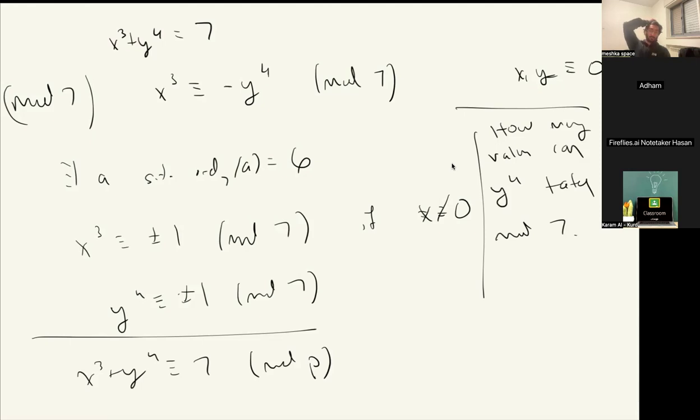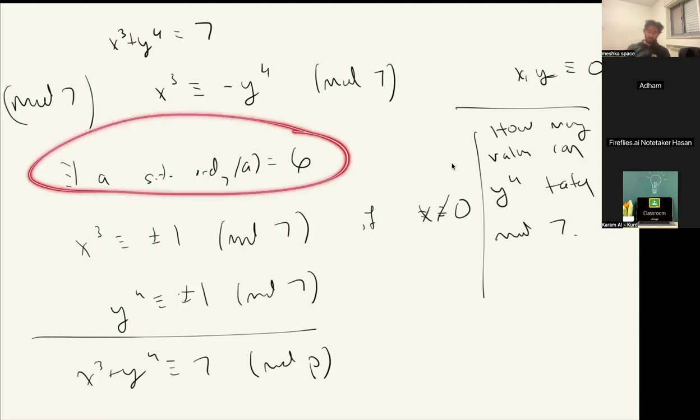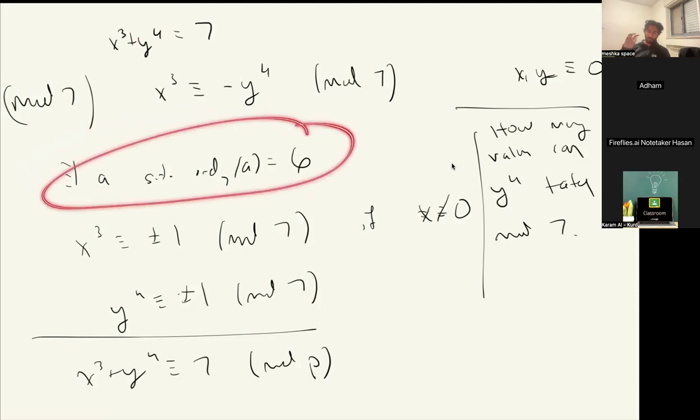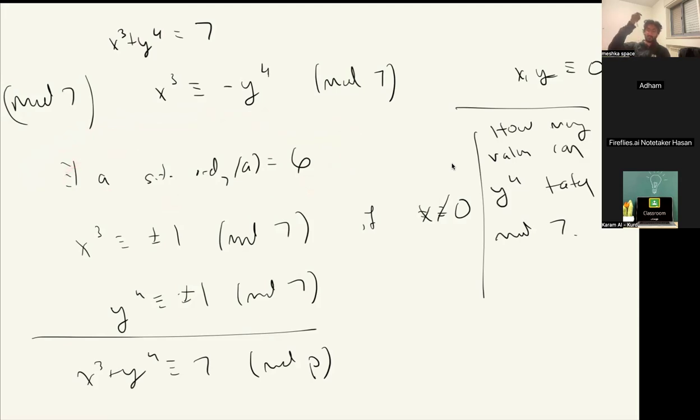Well, you can list them, but there's a way to do it without listing them out. The key point is that for every prime there's a primitive root, so there's a number whose order is exactly p minus 1. We can raise y to the fourth to the 3, and it's divisible by 6.